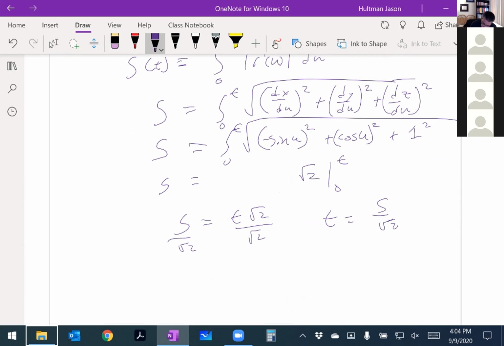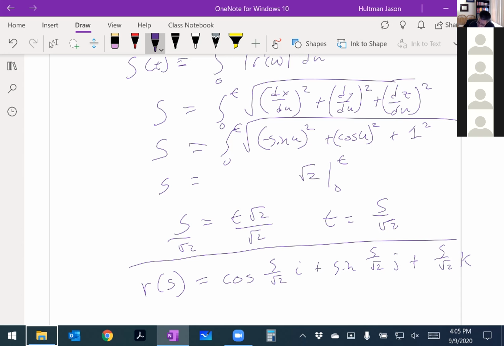And what that allows me to say is that r of s, reparametrizing this, is equal to the cosine of s over radical 2 i, plus the sine of s over radical 2 j, plus s over radical 2 k.